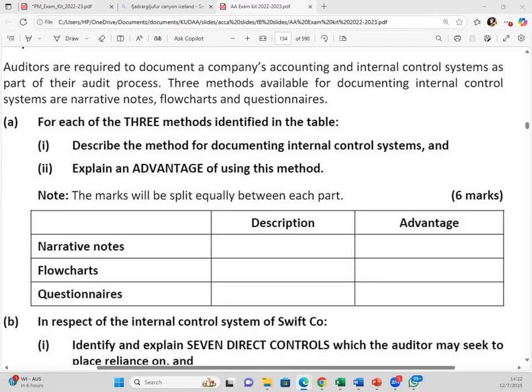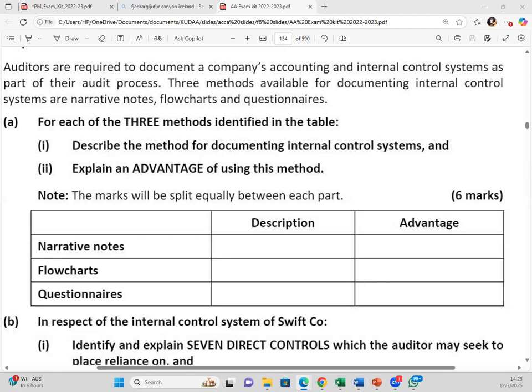Okay, narrative notes, those are short notes used maybe to describe the control system that the client is using. Yes, these are brief notes. We want to understand the client's system and which ways prevent fraud and prevent errors.